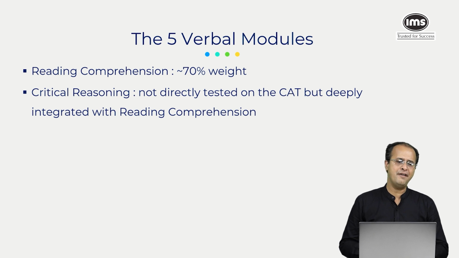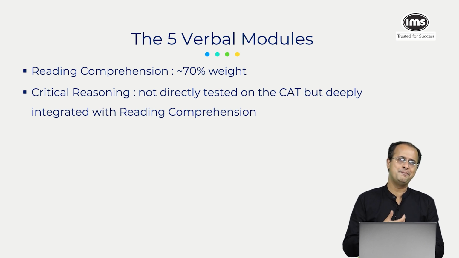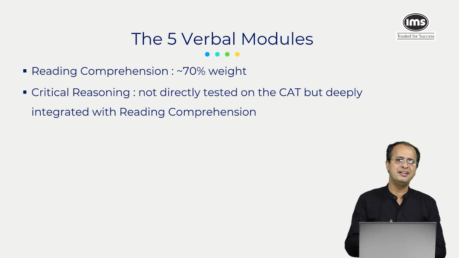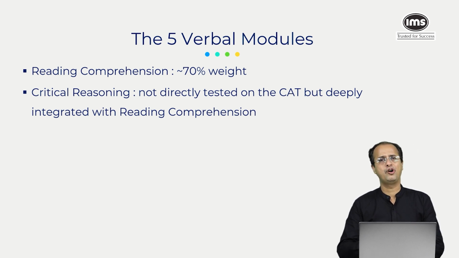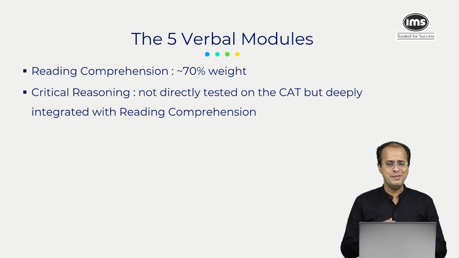After that, you have critical reasoning. Now, this might be a new topic for some of you. Here, you have a paragraph with certain questions like what argument will weaken the given argument, what will strengthen the argument, what is the assumption, what is the conclusion. When it comes to the CAT, you may not have direct questions based on critical reasoning.